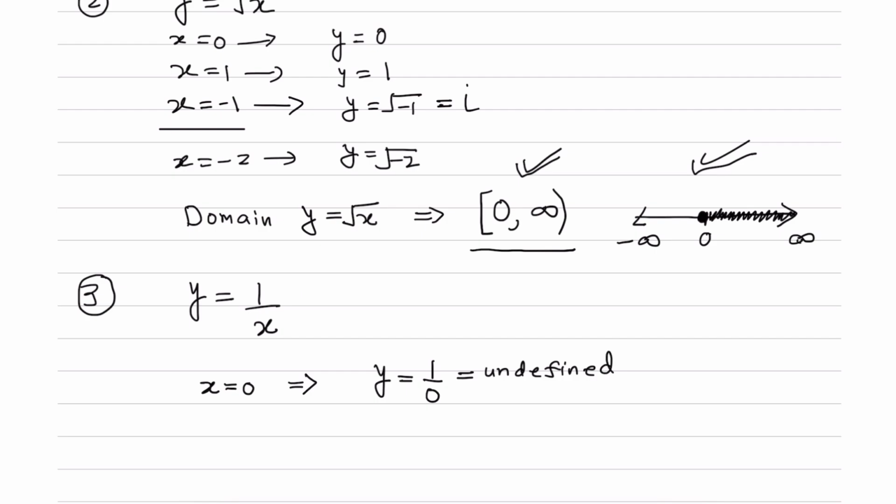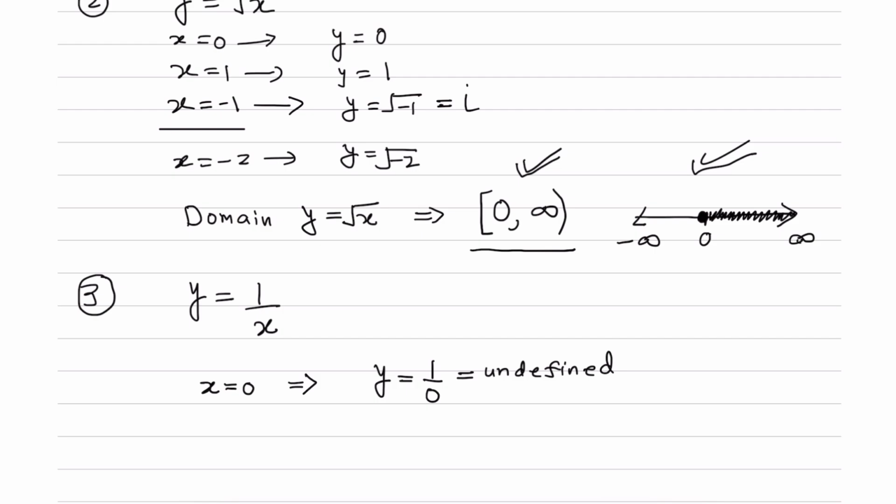So remember, all those x's will be part of the domain if we plug those x's into the function, here y is equal to 1 over x, and we get y as a real number. But in this case, when we plug x equal to 0, we got y as 1 over 0, and 1 over 0 is undefined because 0 in the denominator is not allowed.